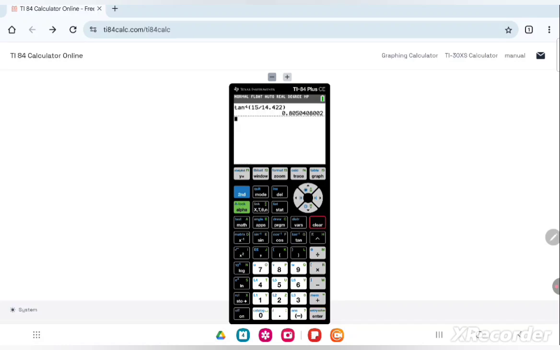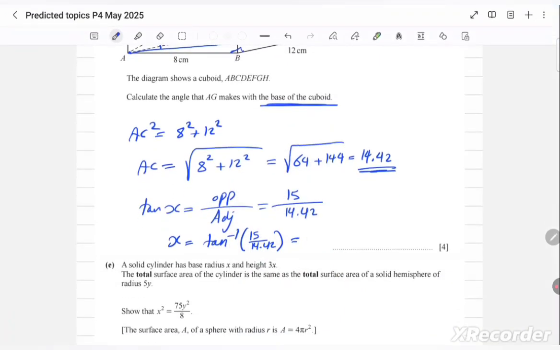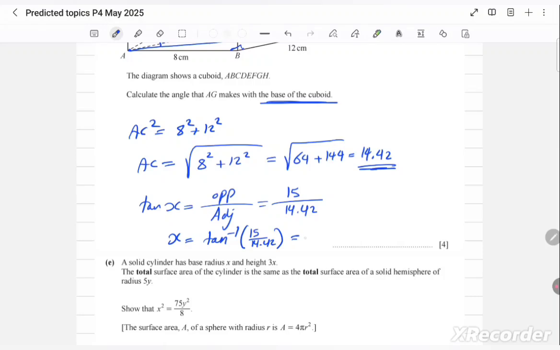Again, tan inverse of this 15 over 14.422. So the answer is 46.1. Okay, so this is the answer.